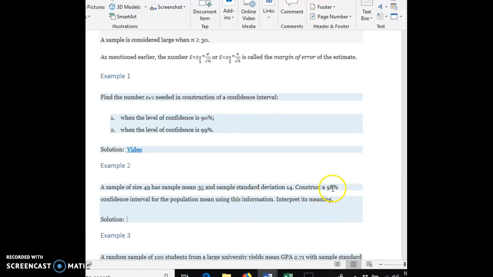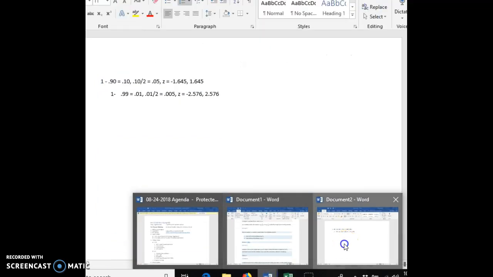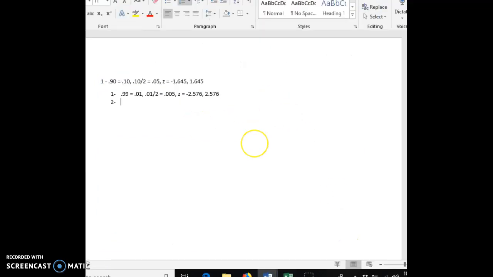So first, let's notice there's a 98% confidence interval. Our first step is always to find z of alpha over 2. So, just like we did before in our prior example, we're going to subtract 98% as a decimal from 1. That gives us 0.02. And then we want to take 0.02 and divide it by 2, which gives us 0.01.